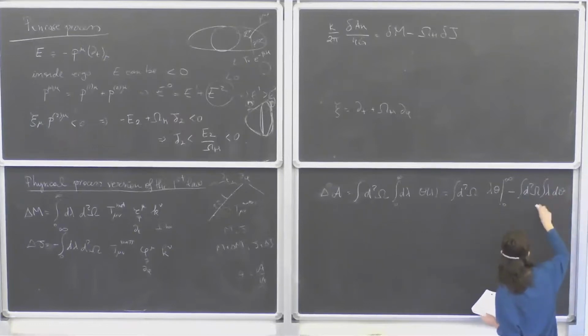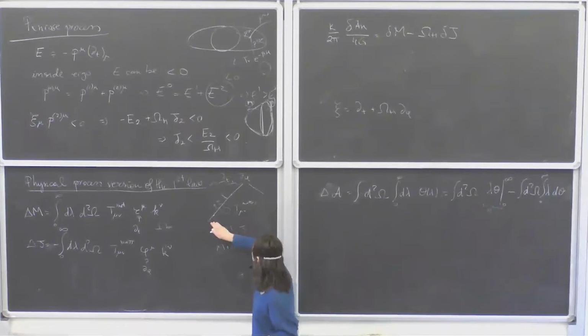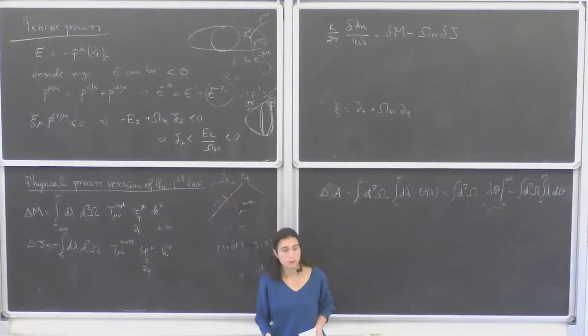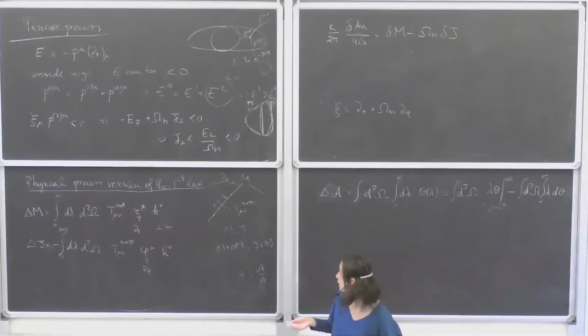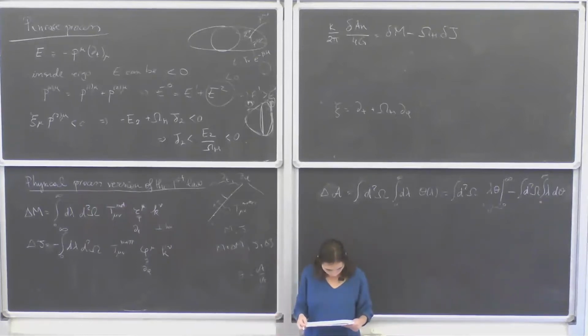Sorry, I messed it up. And the point is that this boundary term is 0. The reason is that both before this matter flux comes in and after, we're assuming stationarity. The horizon is a Killing horizon, and on the Killing horizon, the expansion is 0.